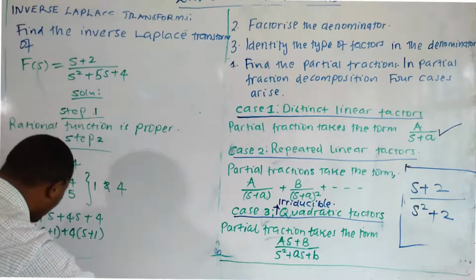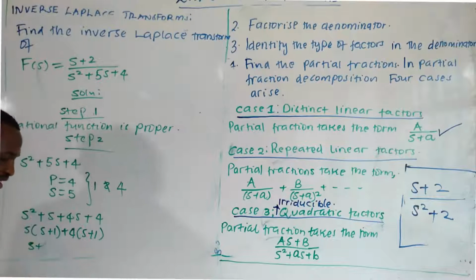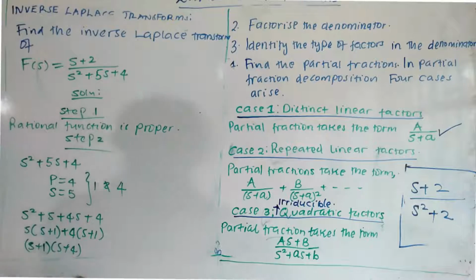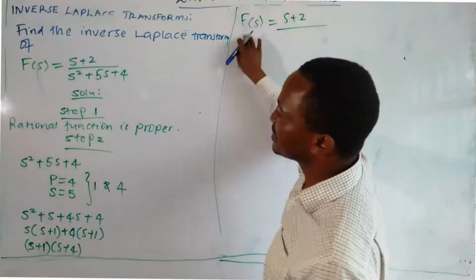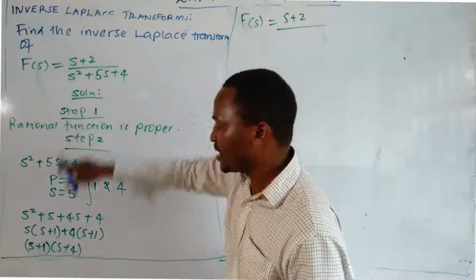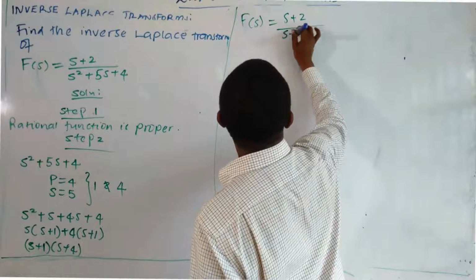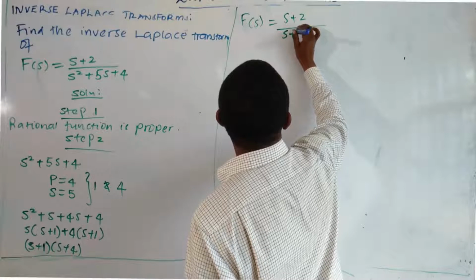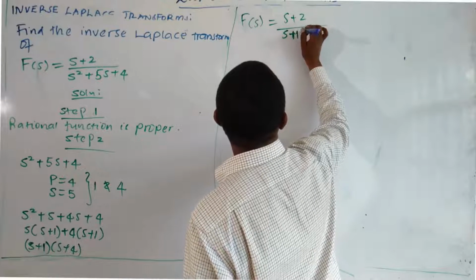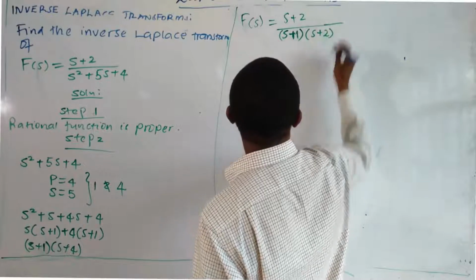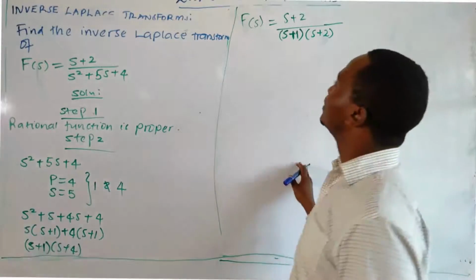Let me start with the smaller one, but you can start with either: s plus 1 into bracket s plus 4. So I'm rewriting the same problem but using the factorized denominator, which is s plus 1 into s plus 4.